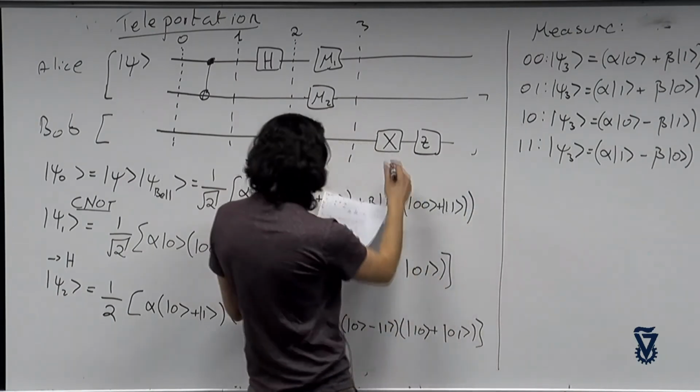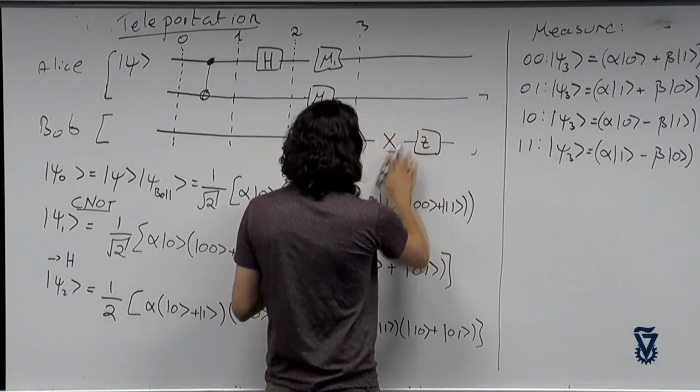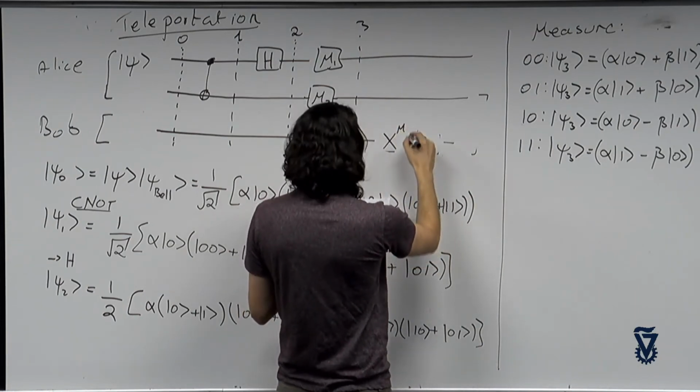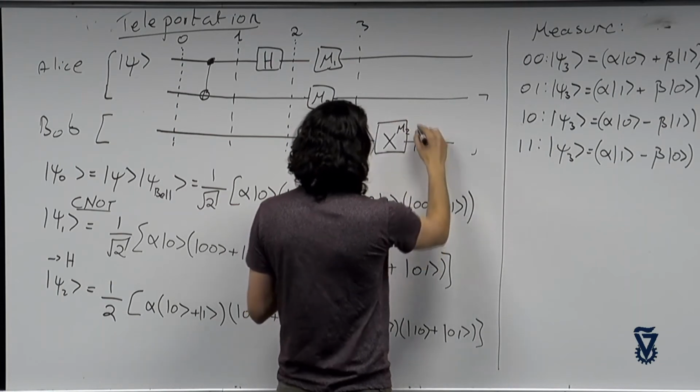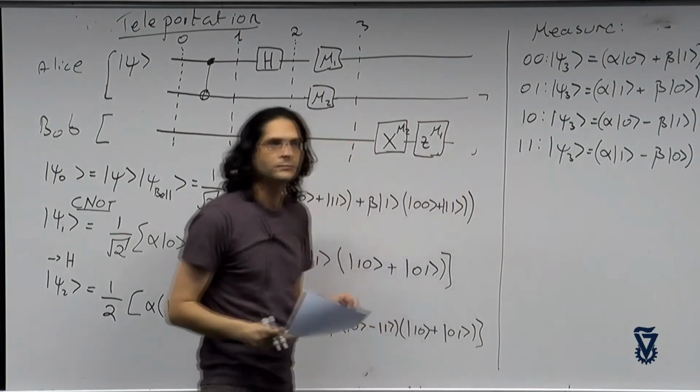So in general, we can write this as x to the power of m2, and this will be z to the power of m1.